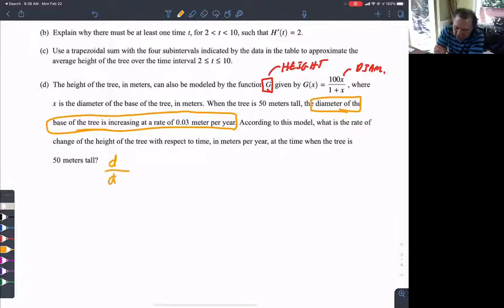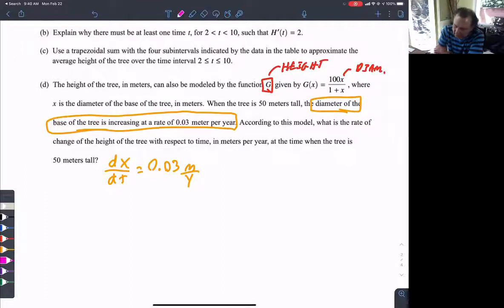And what's changing? The diameter. Well, the diameter is X. And that's increasing, so it's a positive meters per year. And they want the rate of change of the height of the tree.